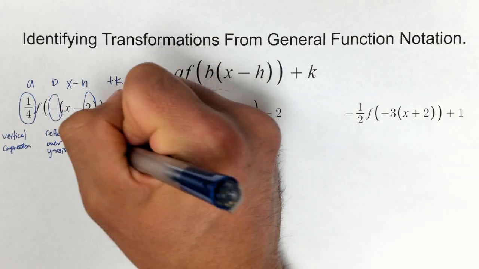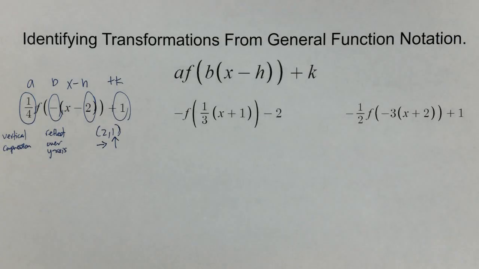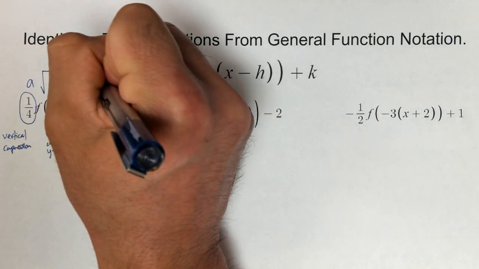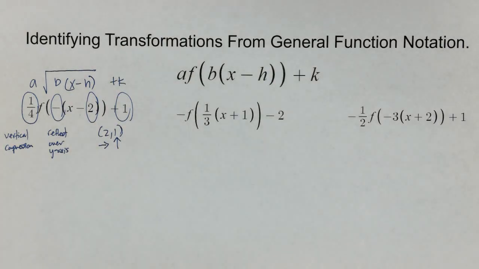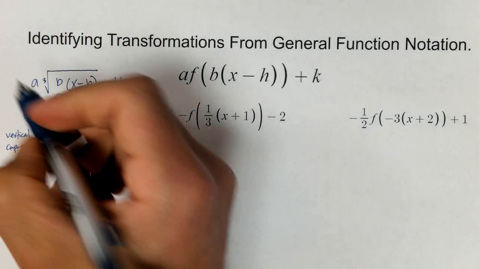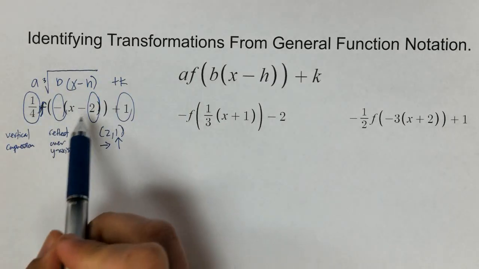It tells you that it got moved 2 units to the right and 1 unit up from the origin. It doesn't matter if this is for any function, right? This could be replaced with a square root, a cube root, a quadratic, anything you want. For any given function, what changes occurred?